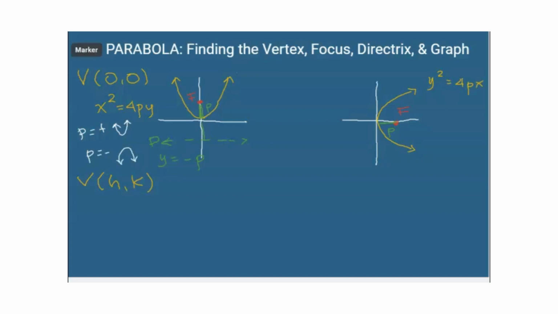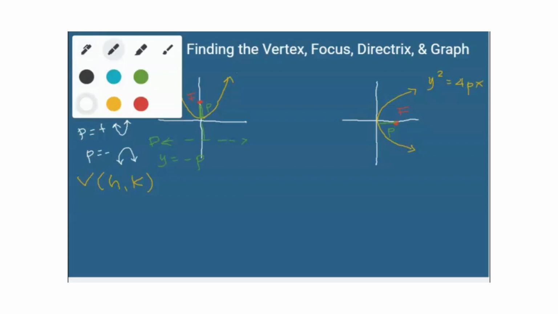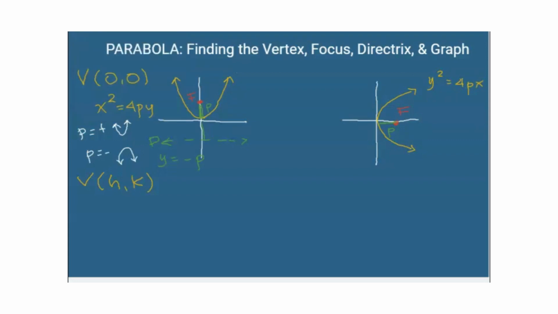Now let's go to the parabola that opens to the right. So if we go p units to the left or opposite direction, then we'll have the directrix. This is our directrix.